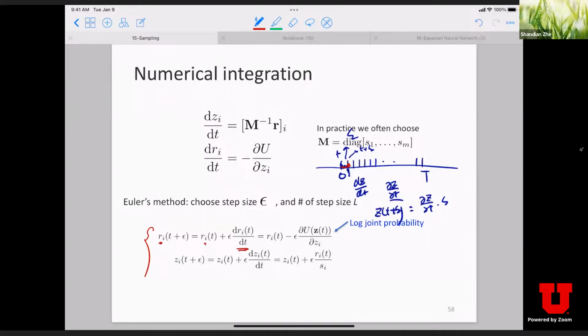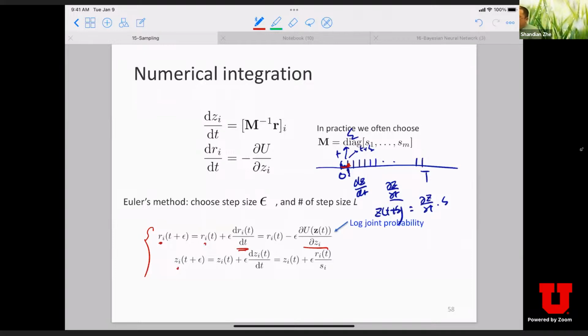And this derivative, according to the Hamiltonian system, is just the corresponding partial derivative of the potential energy at z_i. And similarly, you can evolve your position vector using the same rule.